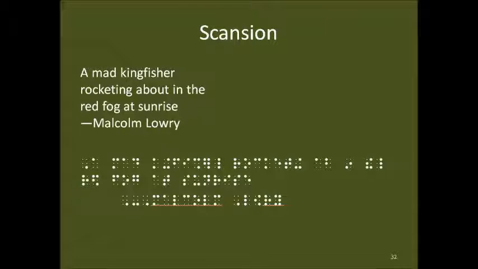Now the UEB codebook has nothing to do with formatting, or shouldn't, and it shows the attribution Malcolm Lowry as being in cell 1. But BANA says that we should have those sorts of things, attributions, put 4 cells to the right of the previous line. So that would put it in cell 5 in this case.